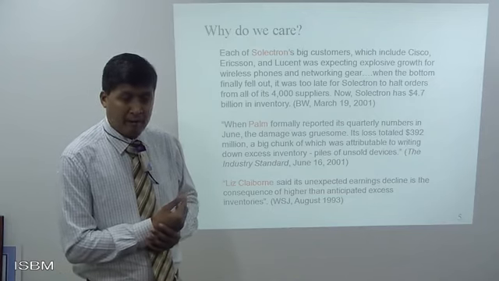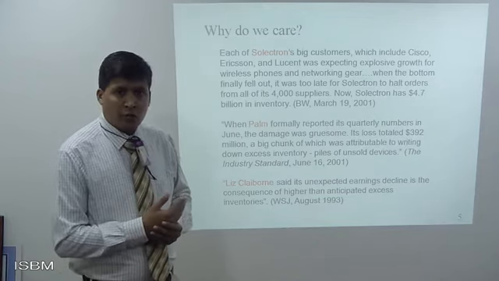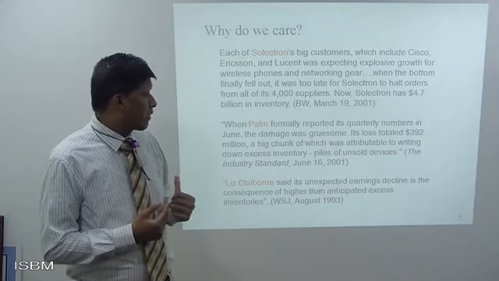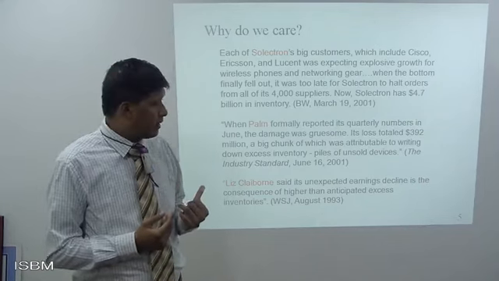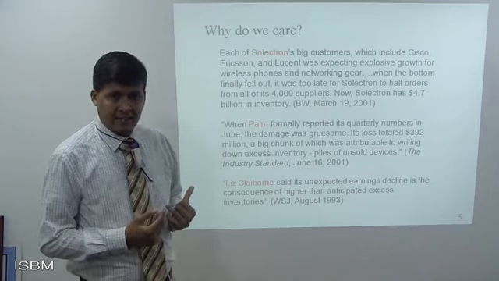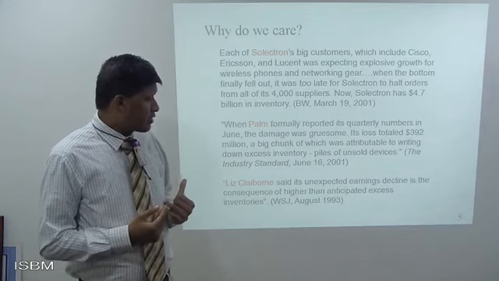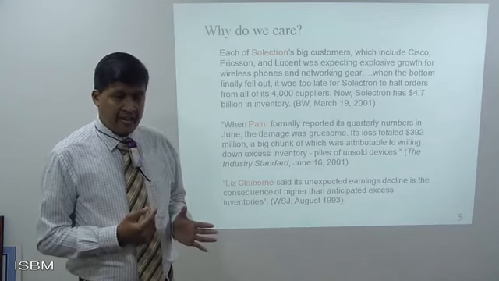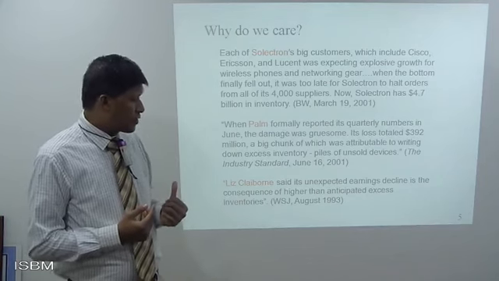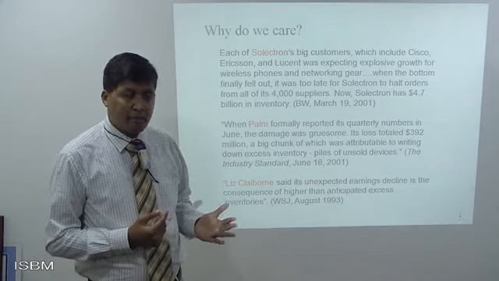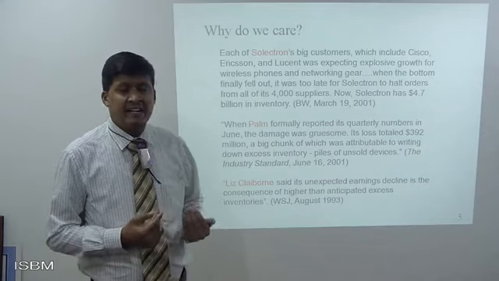It was really big. Its loss totaled $392 million, a chunk of which was attributable to writing down excess inventory. The company said that the unexpected earnings decline is the consequence of higher than anticipated excess inventories.